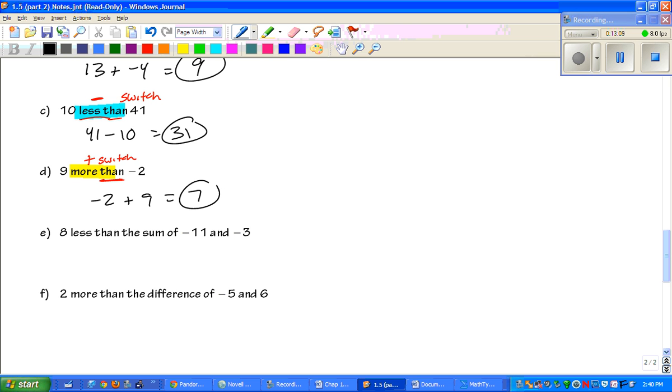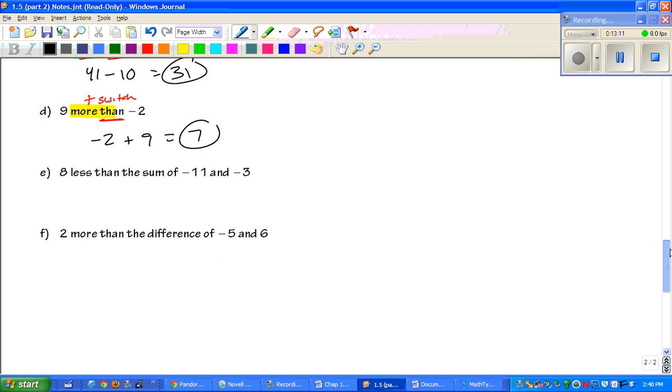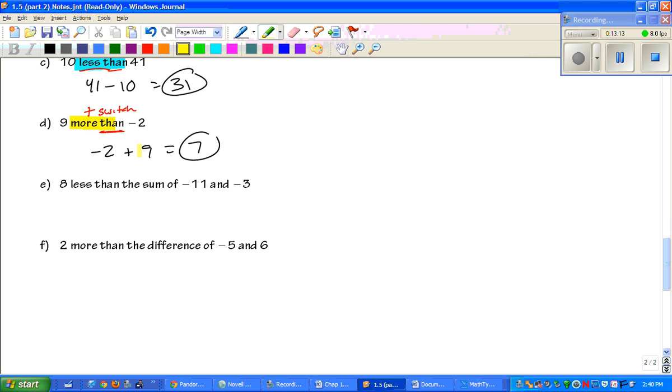All right, we've got a couple more that are just a little bit more work. We have 8 less than the sum of negative 11 and negative 3. So we have 2 different sets of operations that we're doing. I see less than right away, so this is telling me we have to switch.